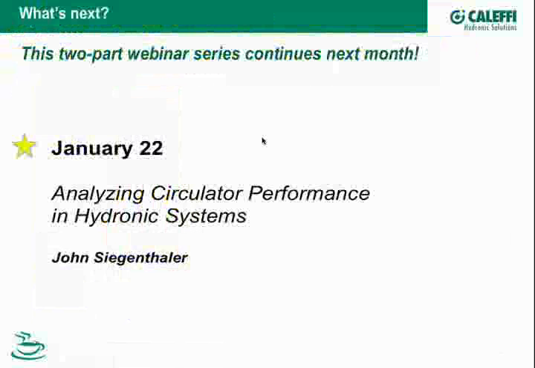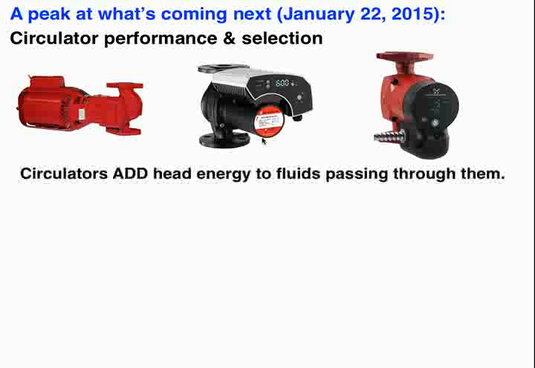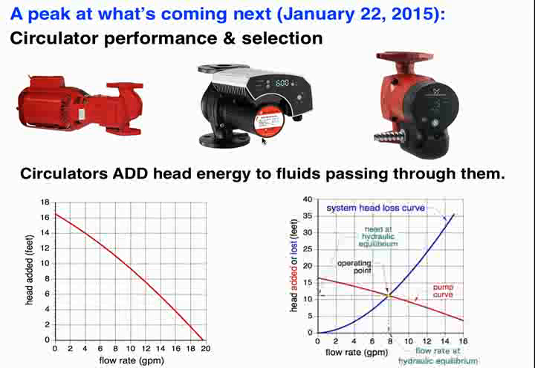I do want to point ahead here to January 22nd. It says analyzing circulator performance in hydronic systems. I kind of think of this as the rest of the story. I've given you how to calculate the system curve, but the next part of the story is how you combine that system curve with the pump curve. And this graph right here is kind of a quick summary. There's a system curve.